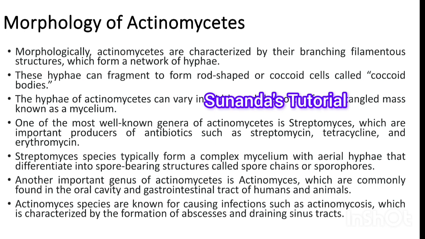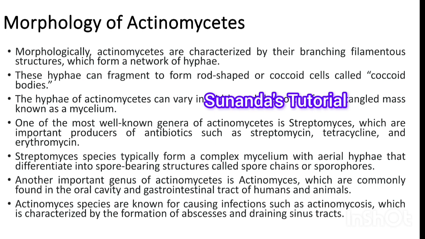One of the most well-known genera of Actinomycetes is Streptomyces, which is an important producer of antibiotics like streptomycin, tetracycline, erythromycin. All these are produced from Streptomyces. They have a complex mycelium with aerial hyphae that differentiate into spore-bearing structures called spore chains or sporophores.